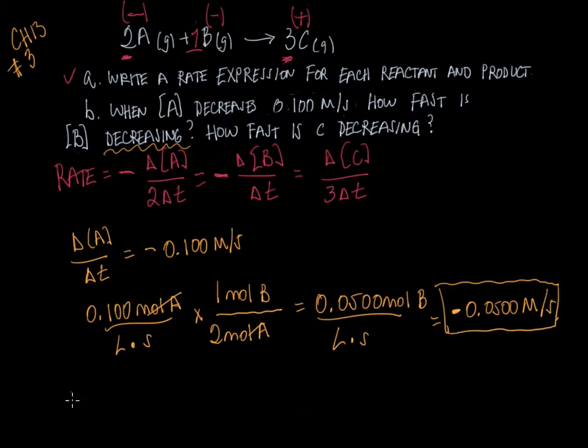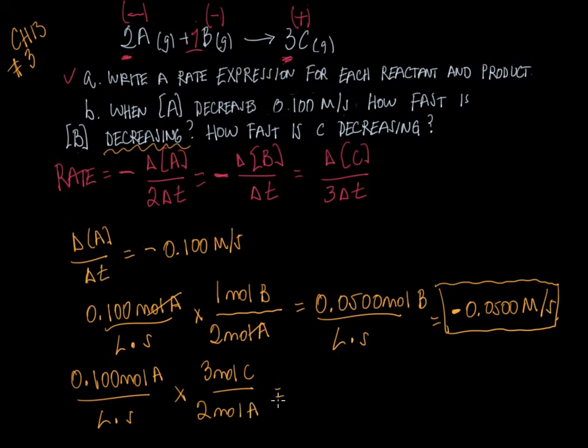We do the same thing for C. So we have our concentration, moles of A per liter per second. And then we have C, so we have 3 moles of C forming for every 2 moles of A reacting. Okay, and go ahead and work that out. And don't worry about the sign right now, we'll deal with that afterwards.